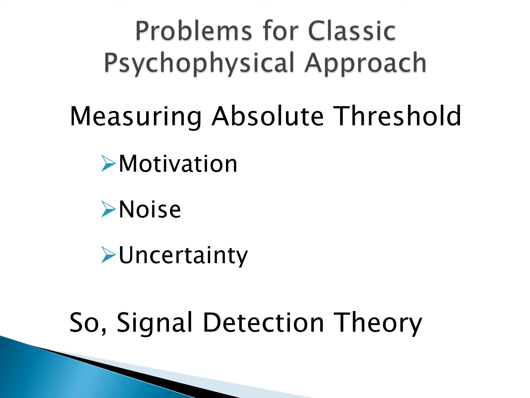When we're looking at an individual and we're measuring absolute threshold, we have to realize that there are a number of things involved that make this much more complicated than just, are we getting at their absolute threshold if the stimulus is always present?